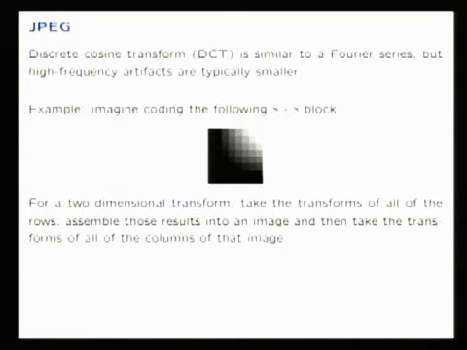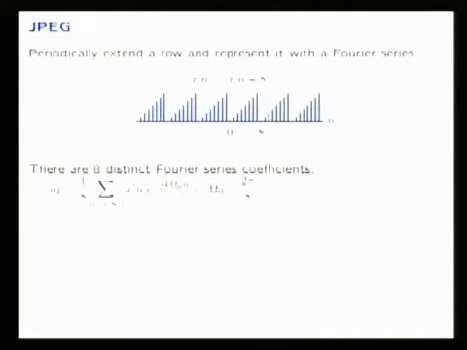So here's an example of an 8 by 8 image. This is a completely trivial one where I have linear taper from black to white, linear taper from black to white, the product. And all I want to think about is what's the DCT and why do they use a DCT instead of a Fourier transform? So just like you would expect from the other two-dimensional image processing examples that we've talked about, the way you do this is you do the DCT on all the rows, then you do the DCT on all the columns, and then you're done.